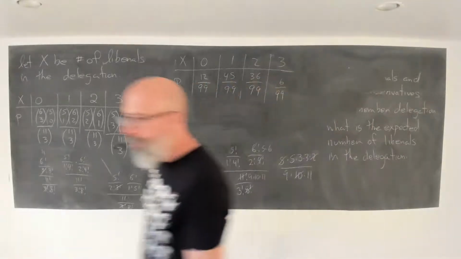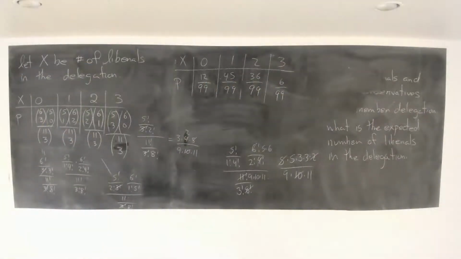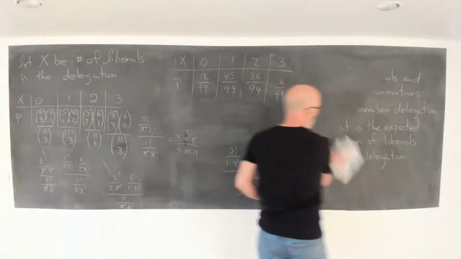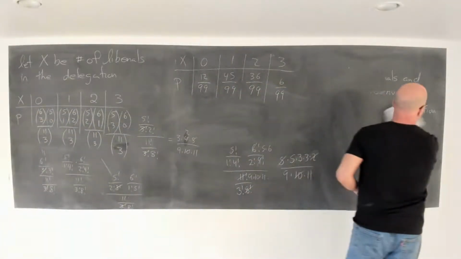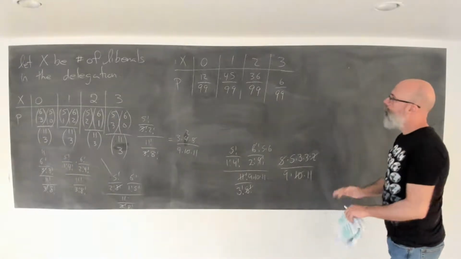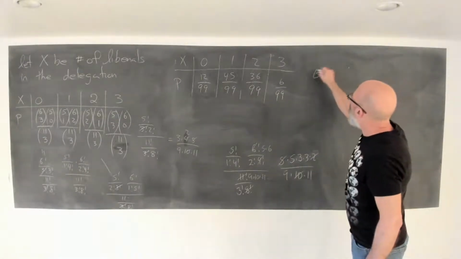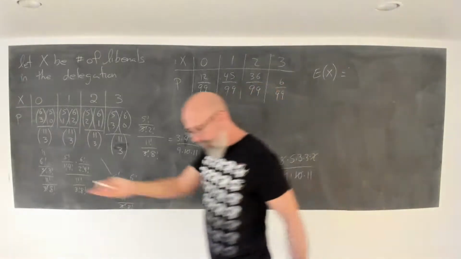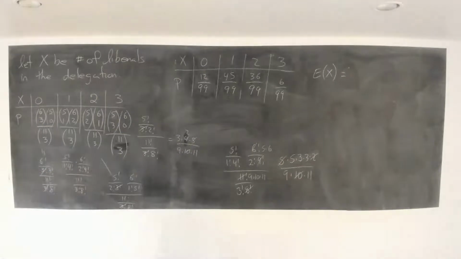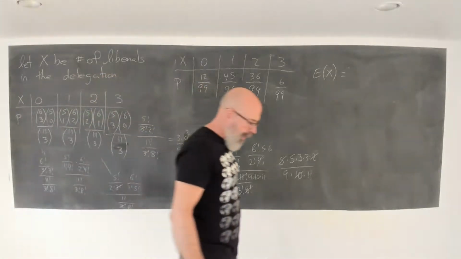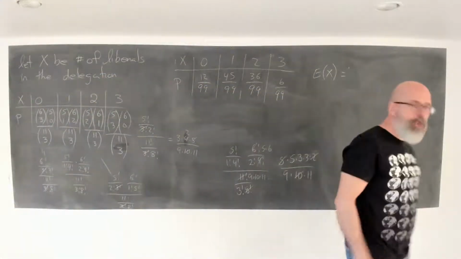Let's work out the expected value. The expected value, right? Because that's what the question was asking, how many liberals would you expect in the delegation?